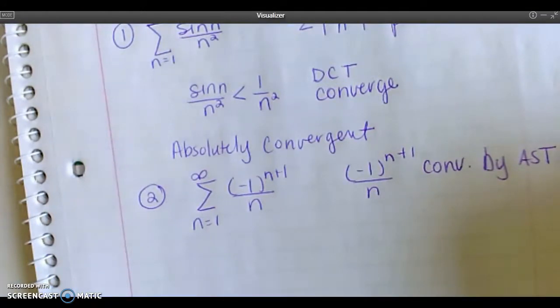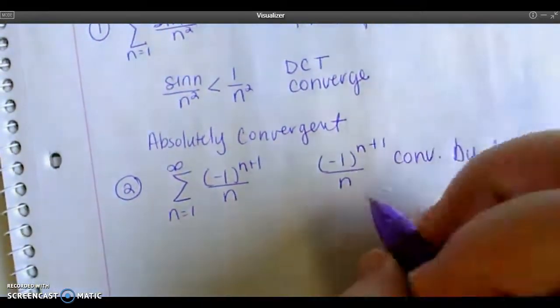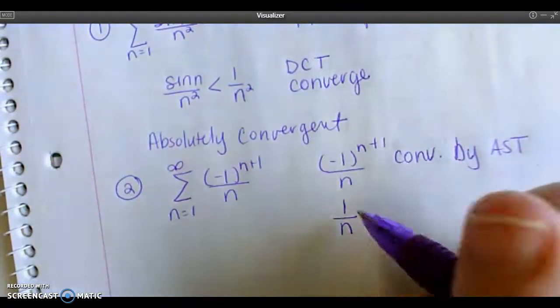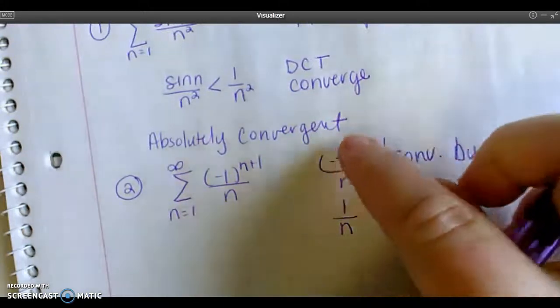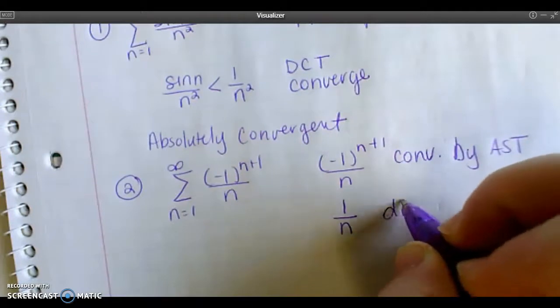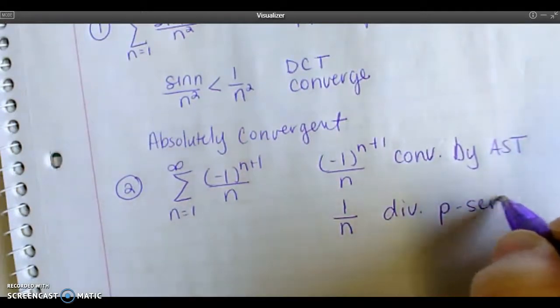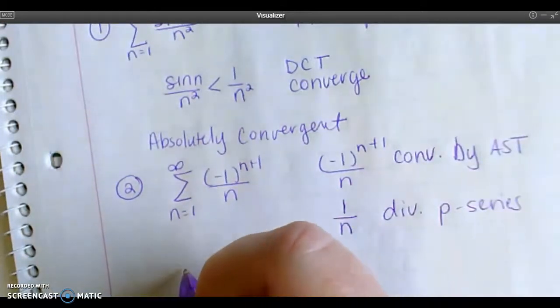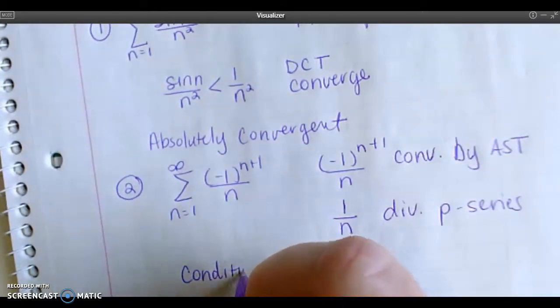Each term does continue to get less, and the limit also equals 0, so both conditions work and it converges by AST. Then I want to figure out, what about 1 over n? Does 1 over n converge? Because 1 over n is the absolute value of this, because it just takes off the negative part. This actually diverges by the p-series. So because the series itself converges, but the absolute value does not, this one is conditionally convergent.